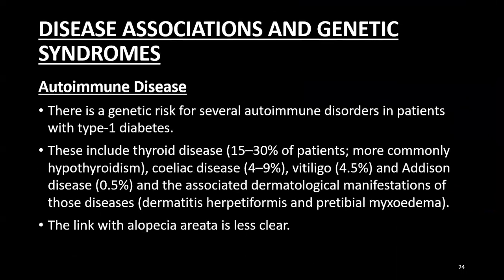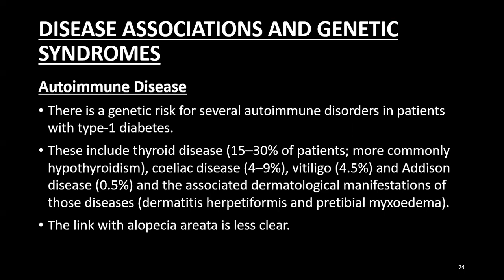Then there are several syndromes which are associated with diabetes. The autoimmune diseases: the genetic risk of several autoimmune disorders is very high in patients with type 1 diabetes. This includes thyroid disease, 15 to 30% of patients, more commonly hypothyroidism. Then celiac disease, 4 to 9% of diabetic patients develop celiac disease.